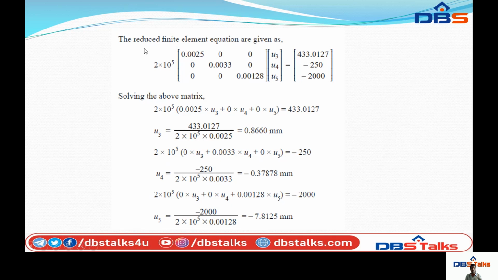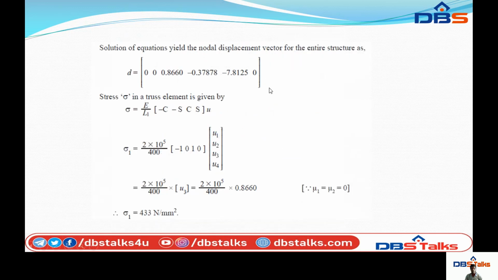Because all the rows and columns of U1, U2, U6 are cancelled. The remaining values are calculated by solving the equations. You will get U3 as 0.8660 millimeters, U4 as minus 0.37878 millimeters, and U5 as minus 7.8125 mm. Those are the values of the displacement vector.